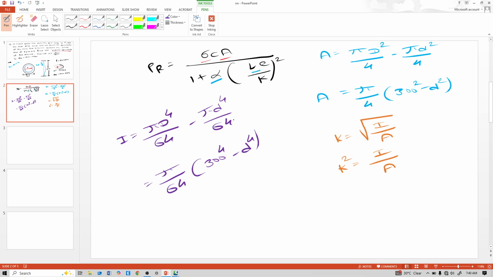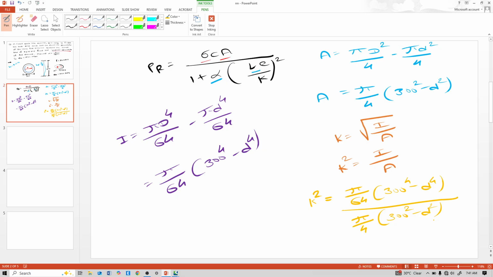Okay, so this k square is equal to, put this I in this k square formula, pi by 64 into 300 raised to 4 minus small d raised to 4 divided by pi by 4 into 300 square minus small d square.